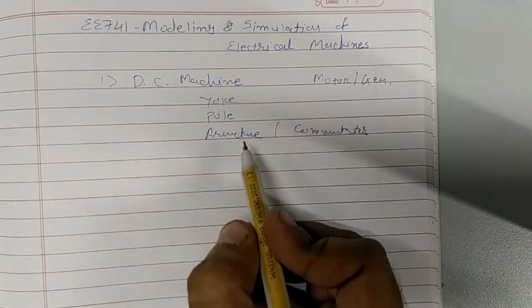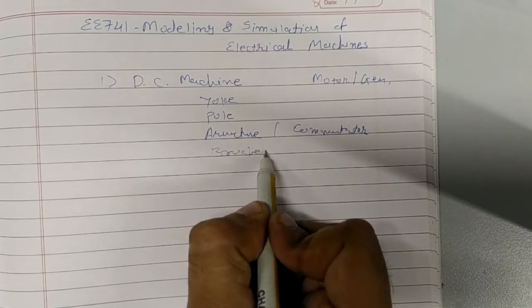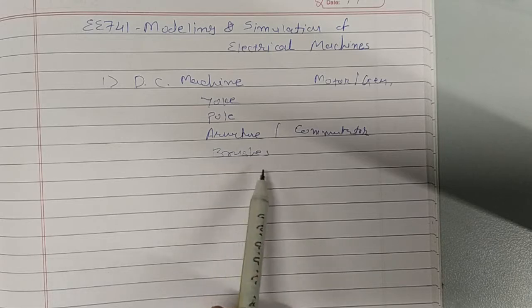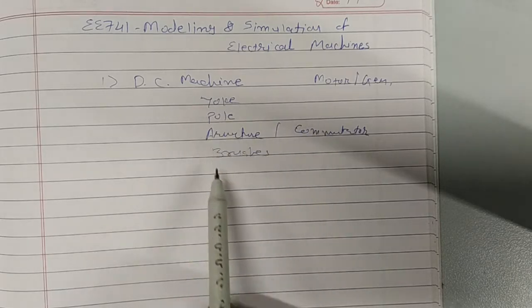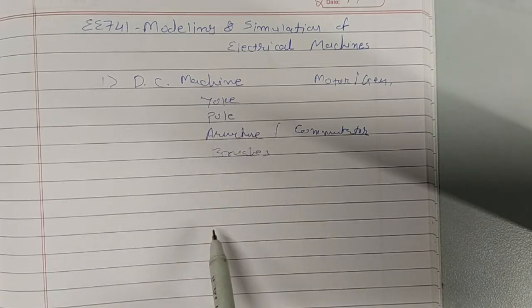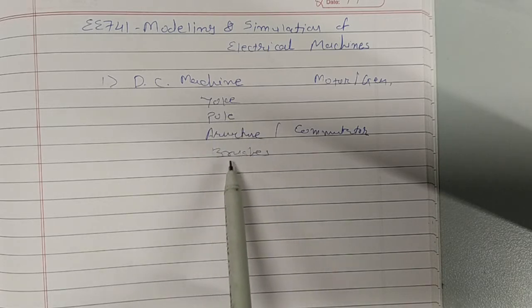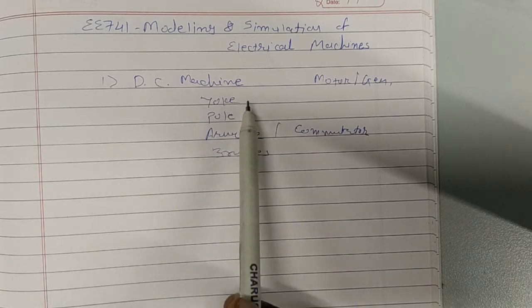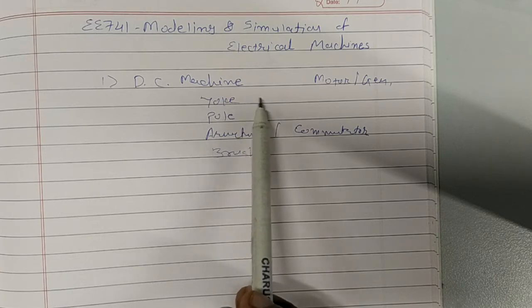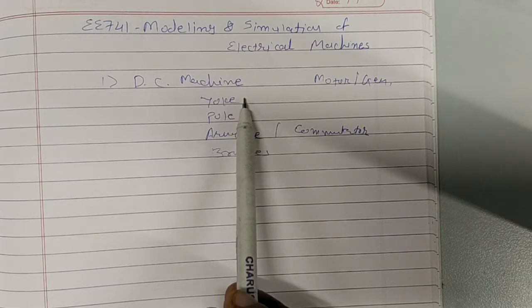After that it will be connected to the brushes, so that you can take the output from the brushes if it is a generator. So these are some major parts. There are also some parts which I have not mentioned here, but we are just going to recall them. The yoke is the outer body. It protects all the internal parts, and it also acts as a return path for the flux.